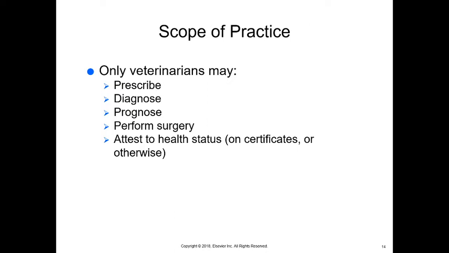When you are going through this model, it's important to keep in mind your scope of practice. What are you allowed to do versus what are you not allowed to do? I want you to know that only veterinarians may prescribe, diagnose, prognose, perform surgery, or attest to health status, meaning you can't sign certificates or anything like that unless or until you're a veterinarian. What does that mean practically for you? A lot of people don't think this through because it's very easy for us to be helpful.